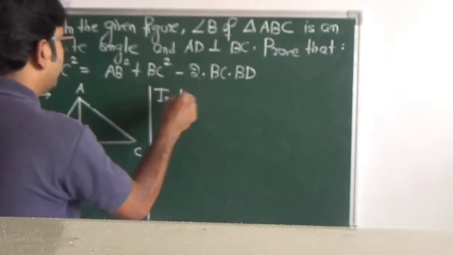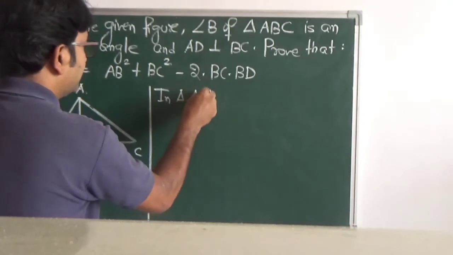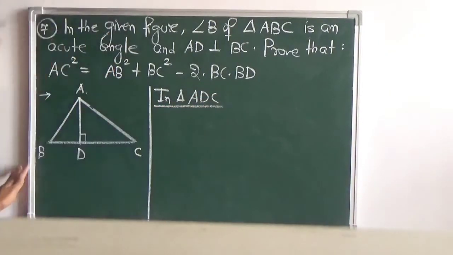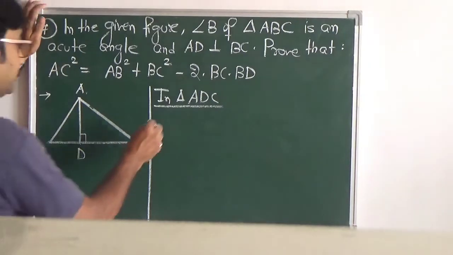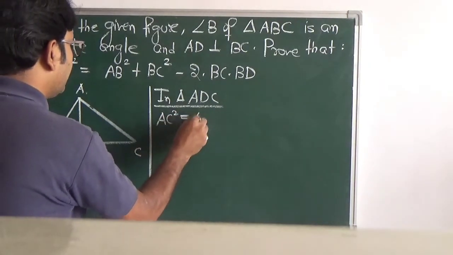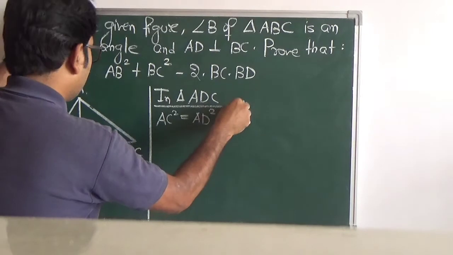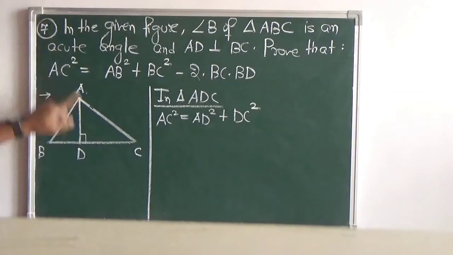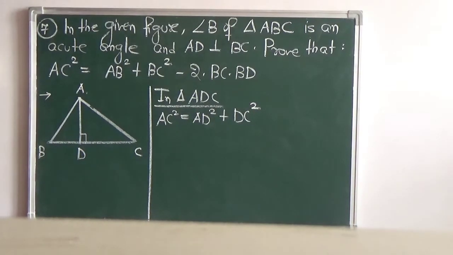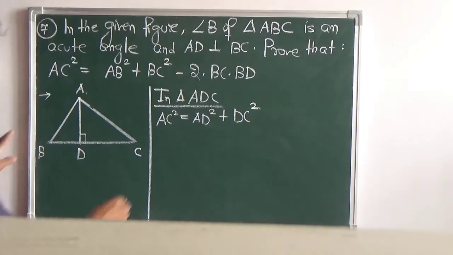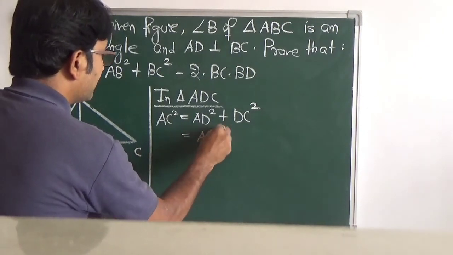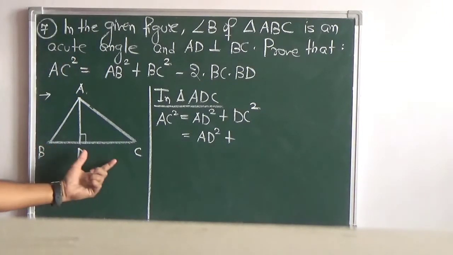In triangle ADC, what can we write? We can write AC square equals AD square plus DC square. Is it clear? So from the right angle triangle ADC, we have AC square equals AD square plus DC square. Now what is DC?